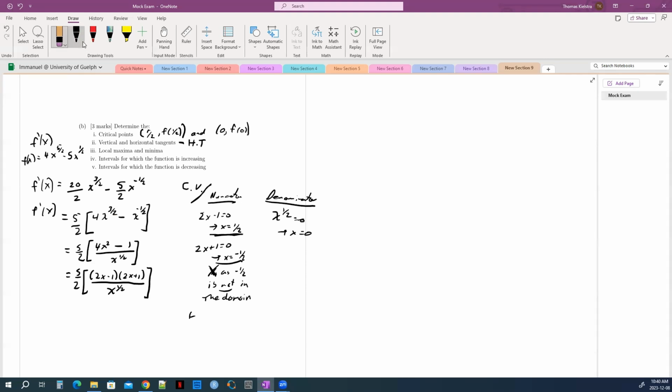We have a horizontal tangent at 1/2, f of 1/2. And we have a vertical tangent, which comes from the roots of the denominator that's inside our domain. And this is going to be at 0, f of 0.